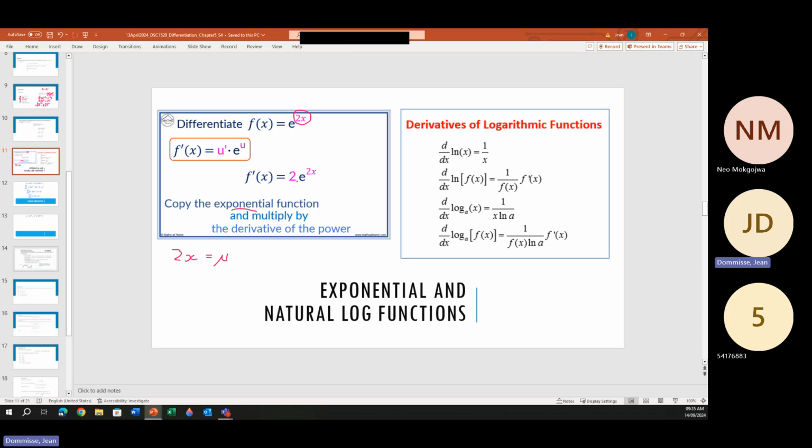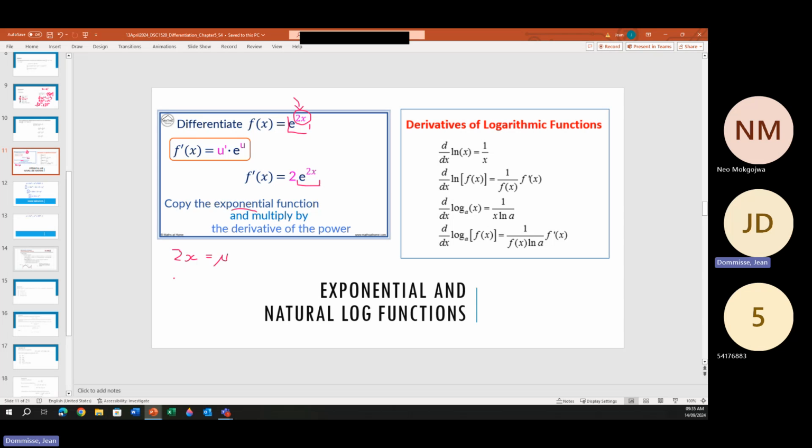And then your second component, your e to the power of u, will stay the same. So basically, when we differentiate, we differentiate the exponent and then rewrite that same function over again.